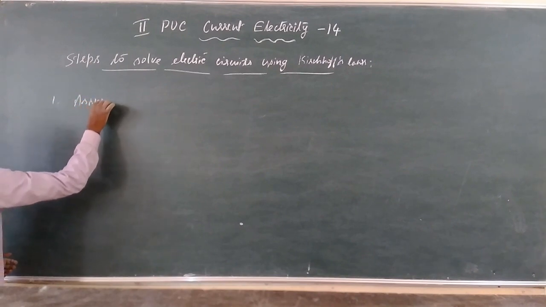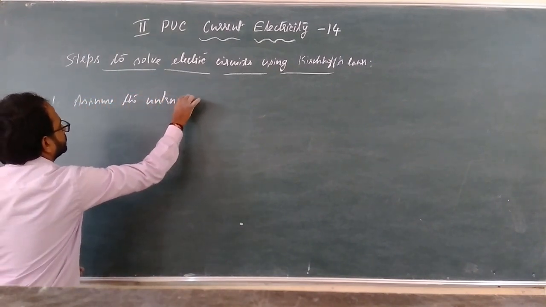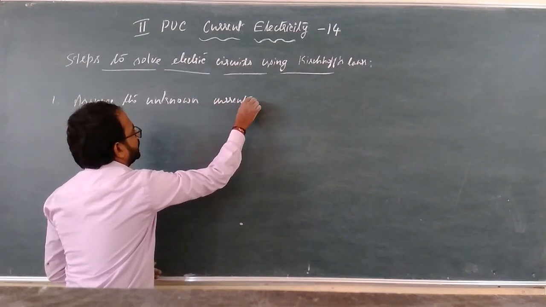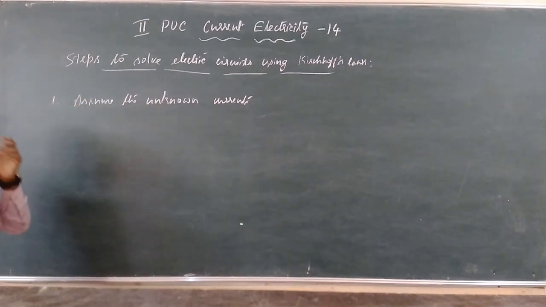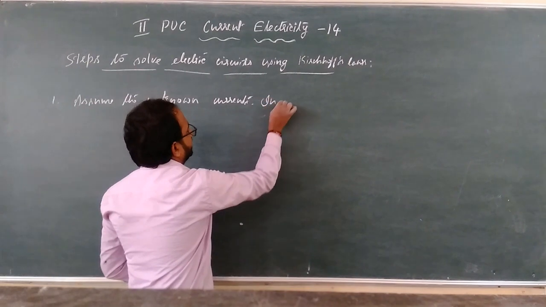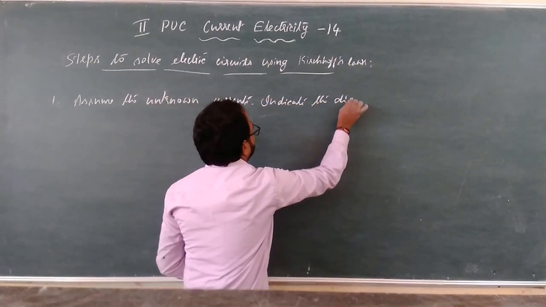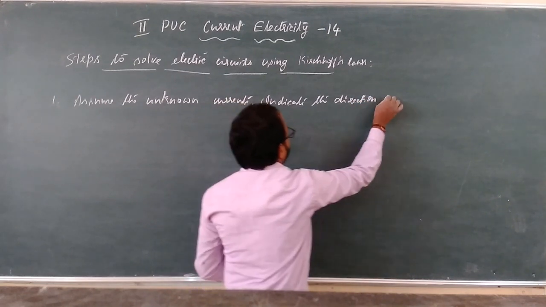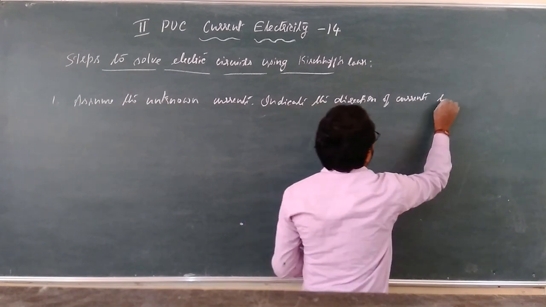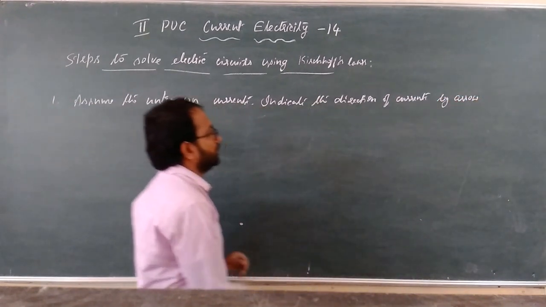Assume the unknown currents. In a circuit, assume the unknown currents. Indicate the direction of a current by an arrow.